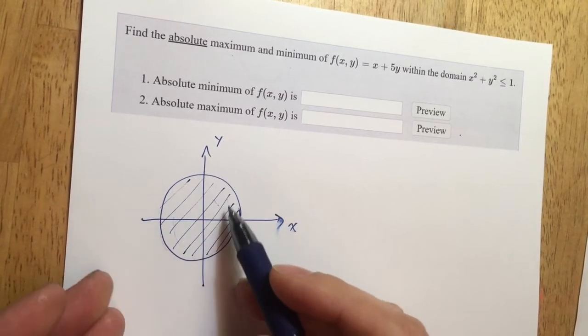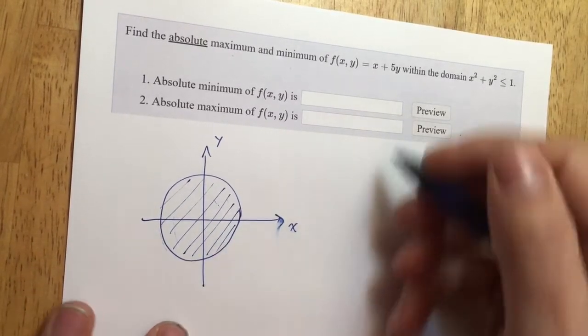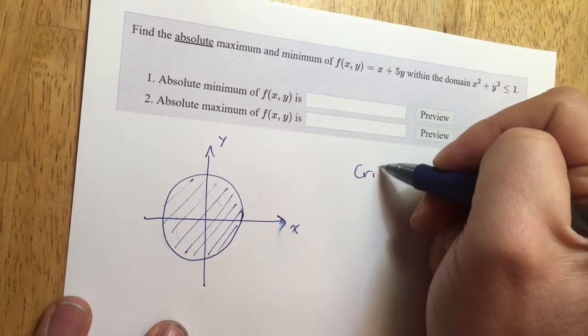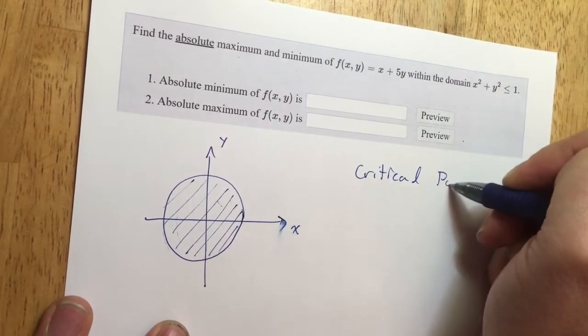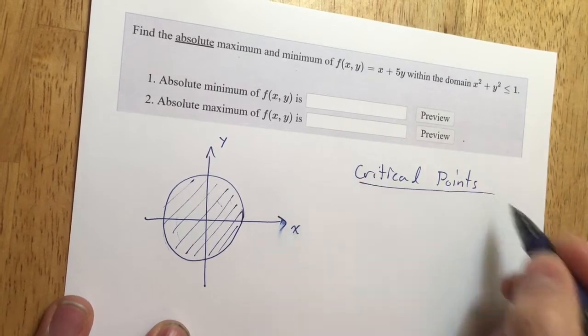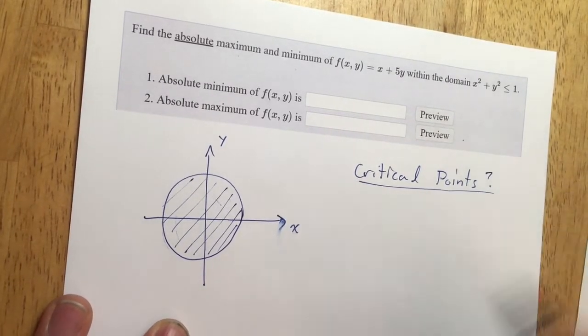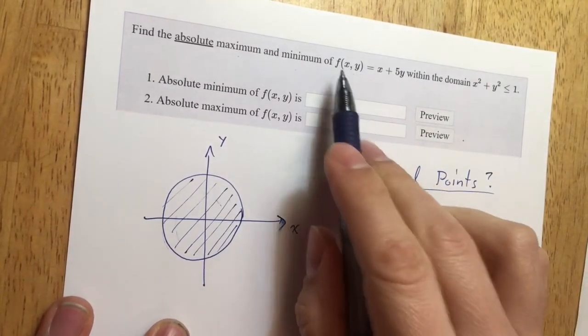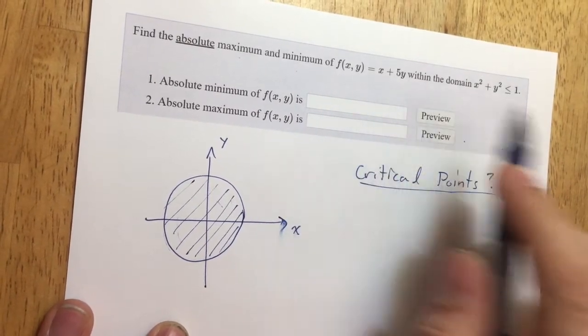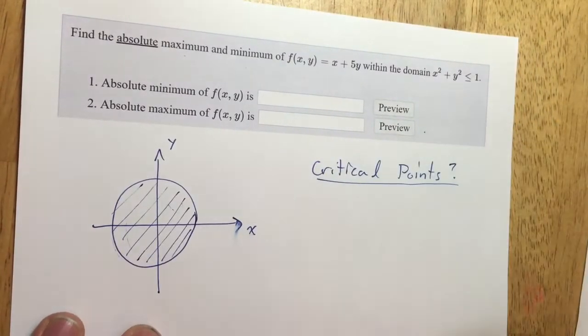So to see if it can happen on the interior, we look for critical points of the function. Do these happen? I don't know, maybe we won't even find one. Well, to find those, we look at the gradient of the function and see if it's equal to 0 anywhere, or undefined.